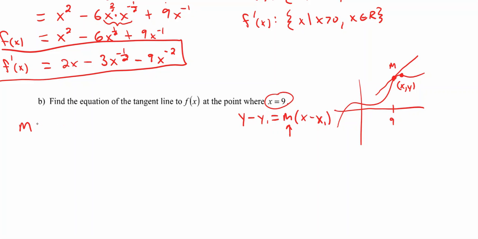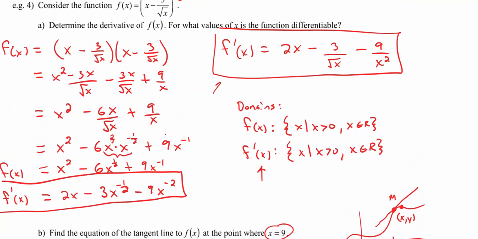We can say the slope would be equal to the derivative, f prime at 9. So that's our function above, this was f of x in that form.